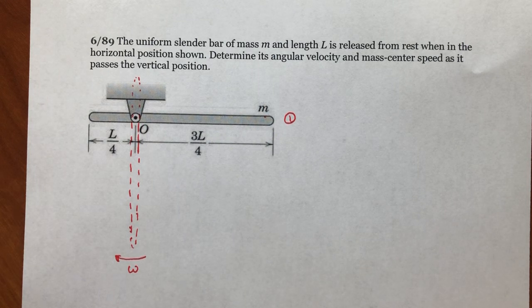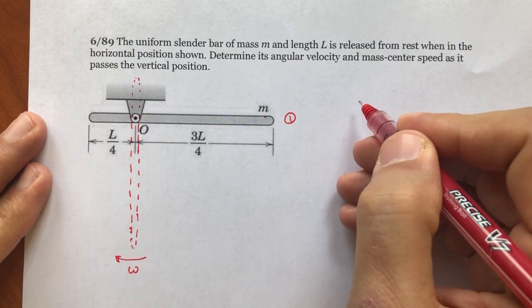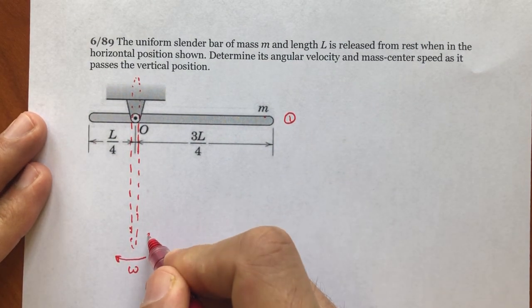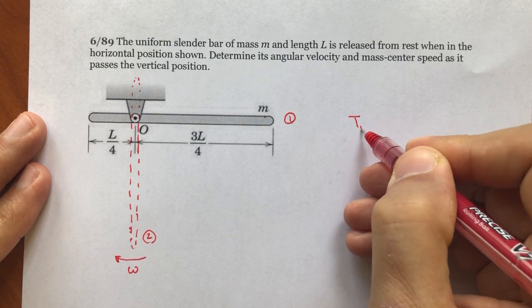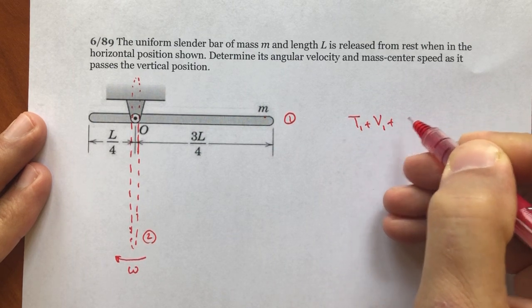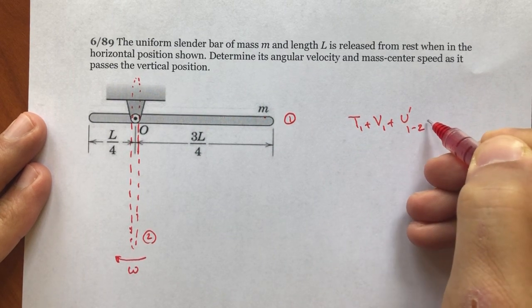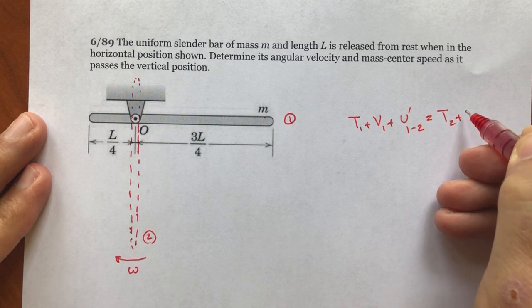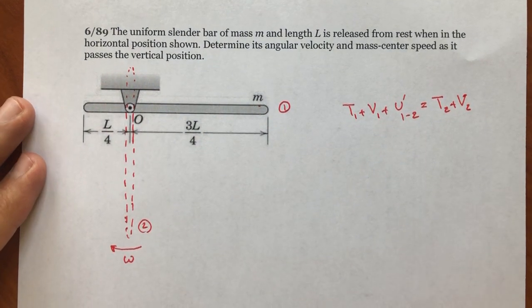So it is usually much easier than simple Newton equations. So between 1 and 2, T1 plus V1 plus U prime from 1 to 2 is equal to T2 plus V2.